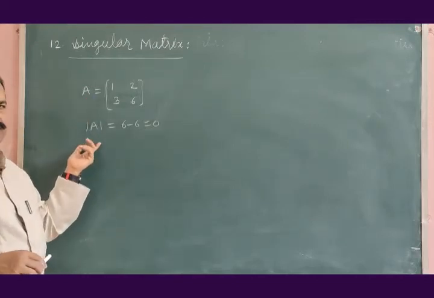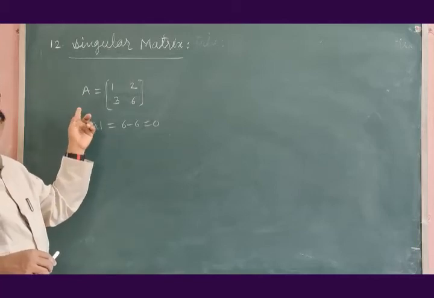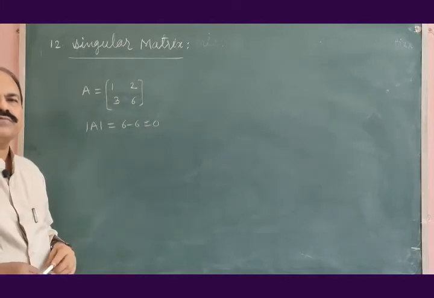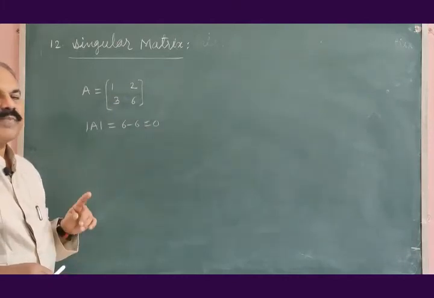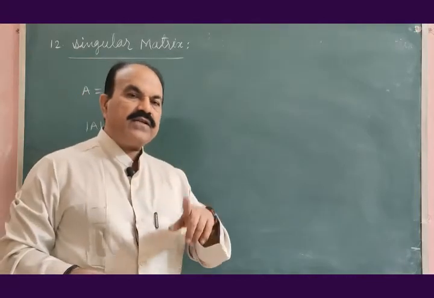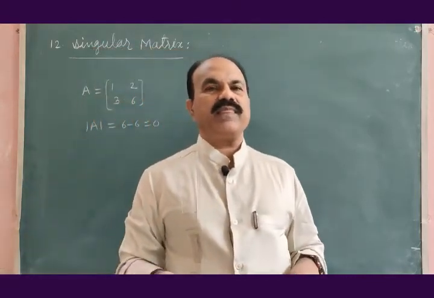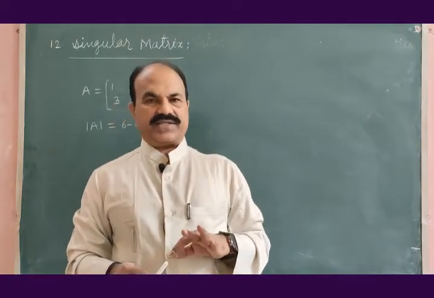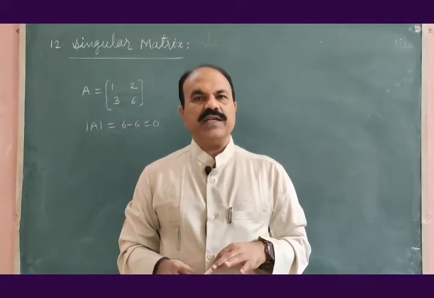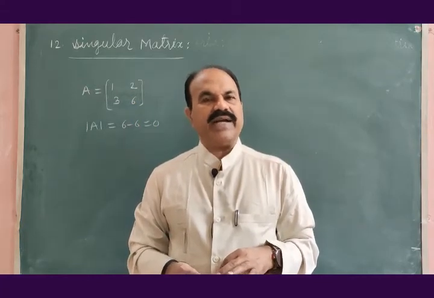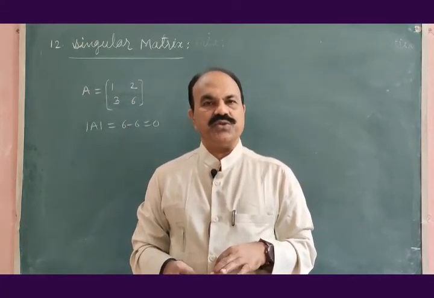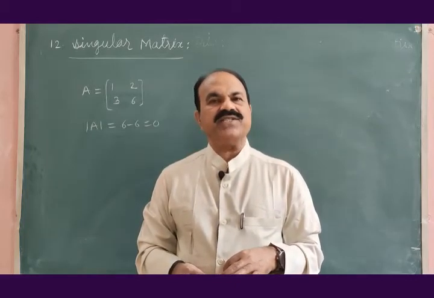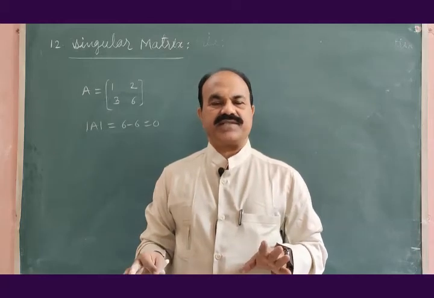Determinant of matrix A is found, which is equal to 0. So, if determinant of a matrix is 0, that matrix is known as singular matrix.